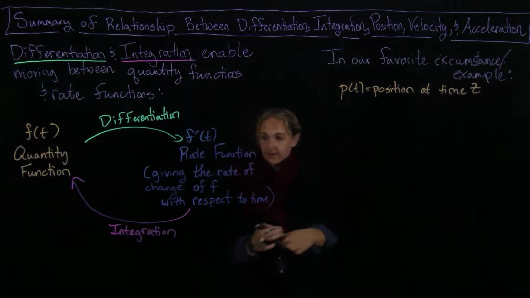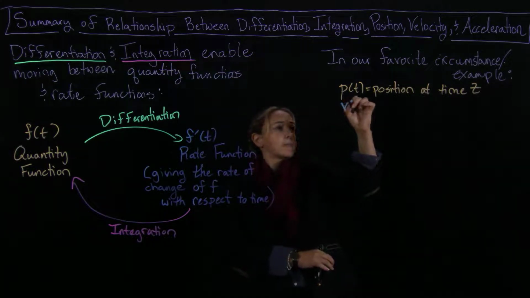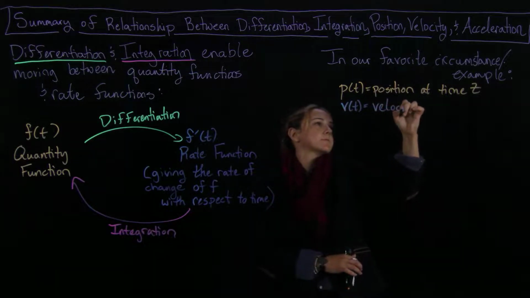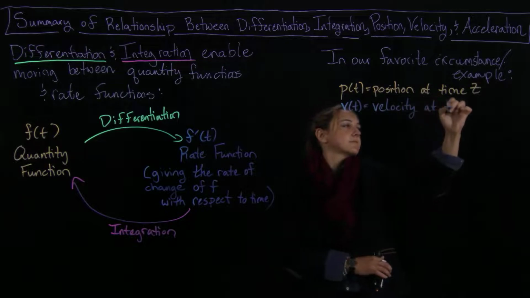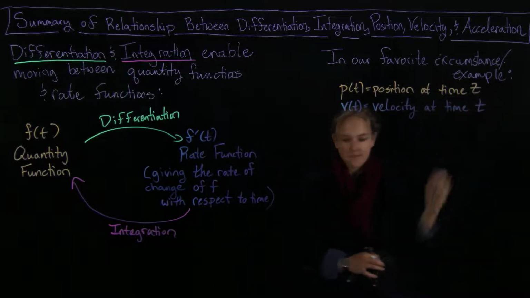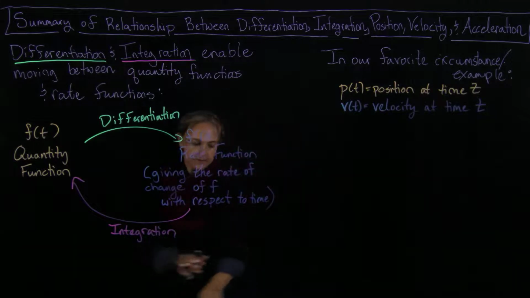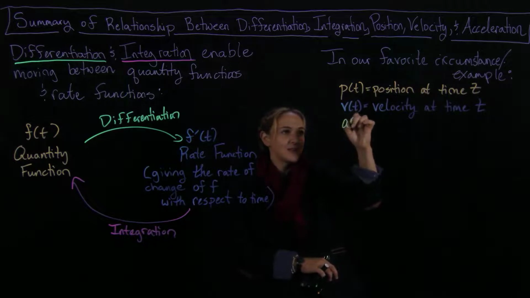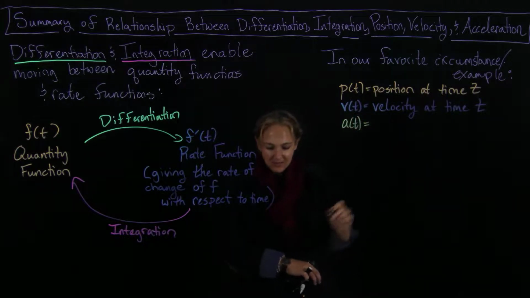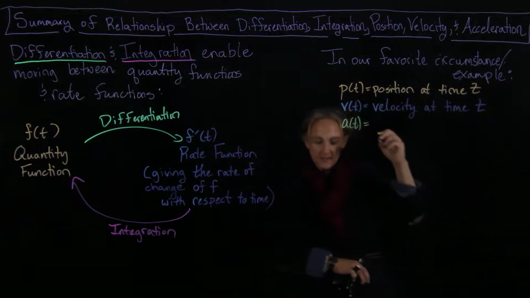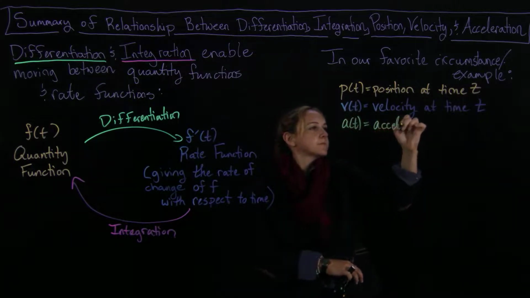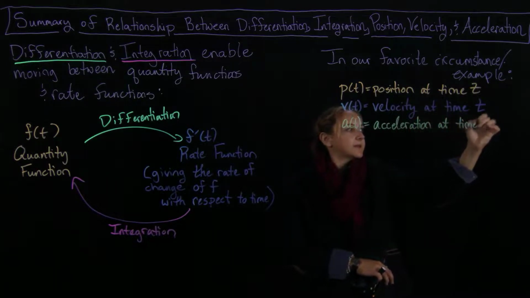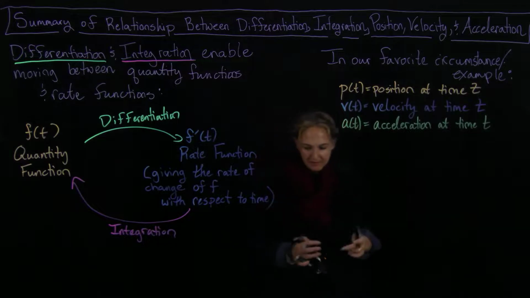And then the velocity, V of t, is the velocity at time t. I am always short one color in life, particularly because this looks the same as green, but we're going to pretend it doesn't. So A of t is the acceleration at time t. You possibly know about a car accelerating, so things speeding up.